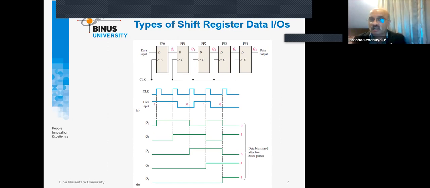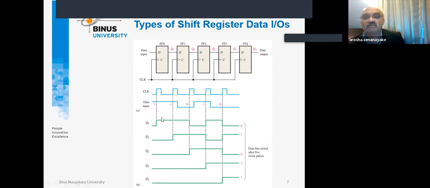As far as the level-triggered D-type flip-flop we use, fundamentally we will have quite smooth right shifting. But of course, edge triggering is quite essential to look at, to see how the timing can be managed. In this case, what we have is level triggered.